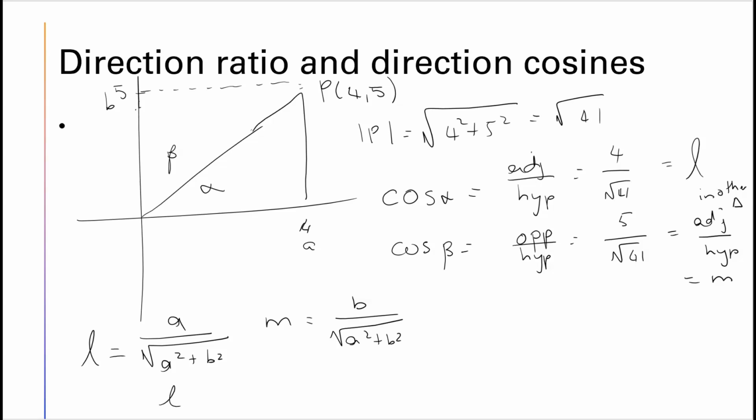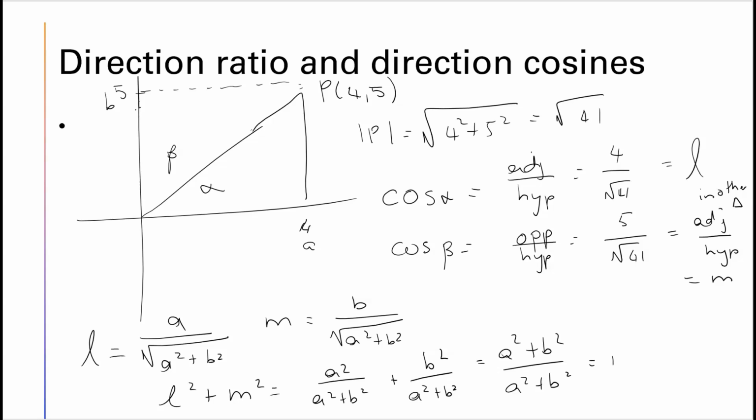So L squared plus M squared, okay, square each of these. And, wow, look at that. It's equal to 1. That's not surprising.